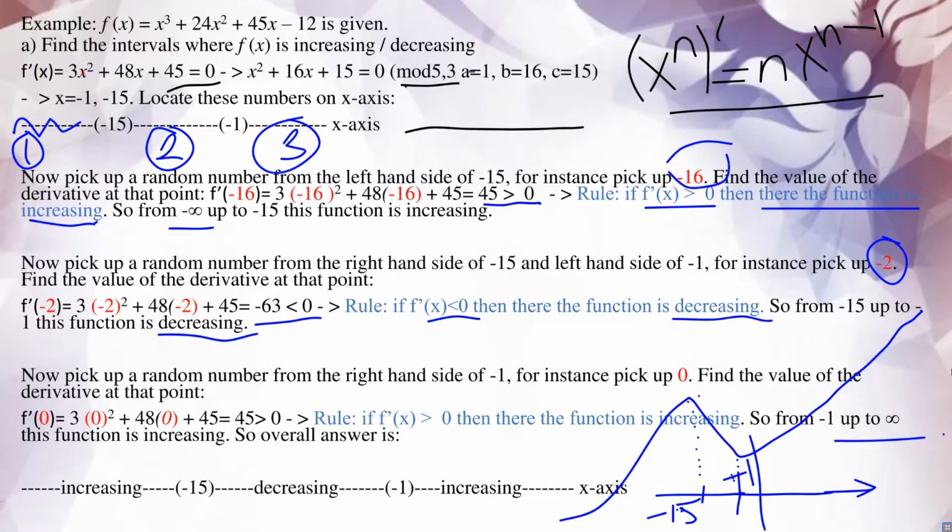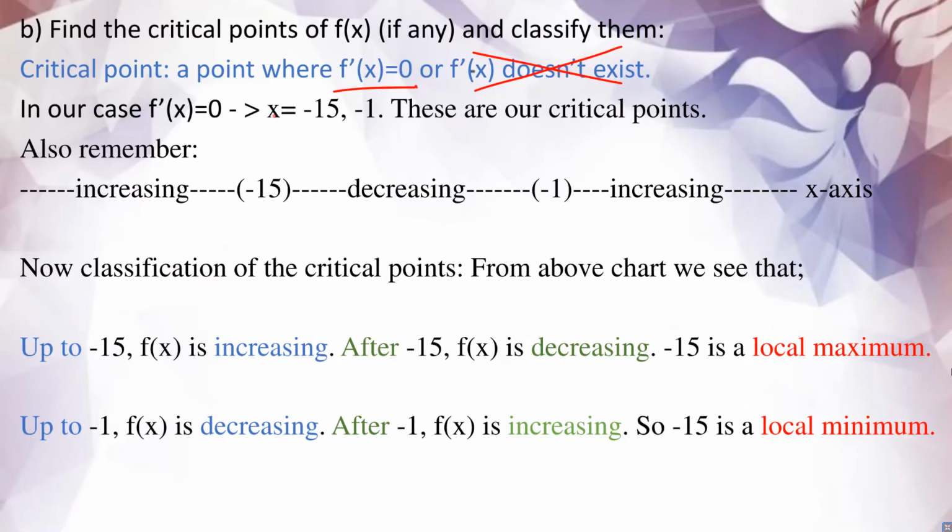We found the derivative, we made it 0, and we found the numbers that make this derivative 0, minus 1 and minus 15. Okay, there you go. In our case, when the derivative is 0, x is either minus 15 or minus 1. These are our critical points. Also remember the answer of part A: the function was increasing till minus 15.